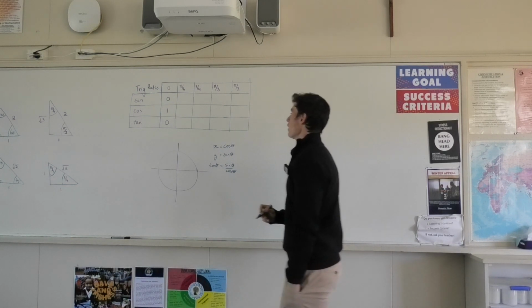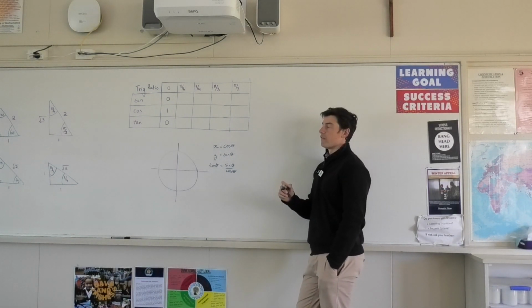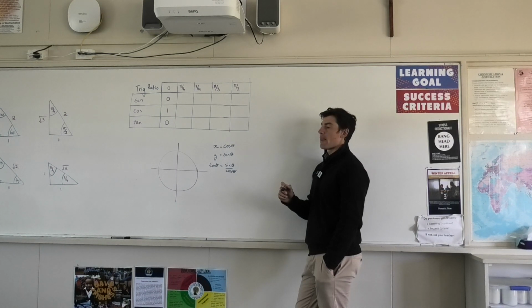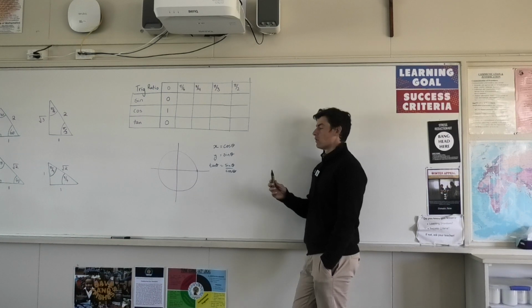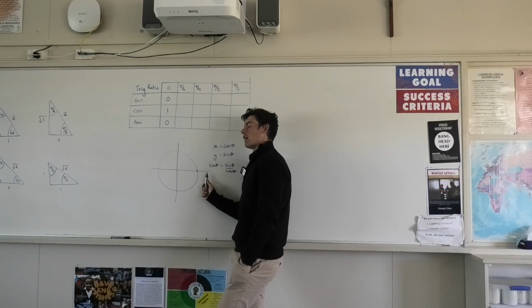Ethan, can you help me fill out another 2 columns? Or 2 parts of a column. Where's pi on 2 occur? In degrees. Well, what's a full circle? Yeah, in radians? 2 pi.